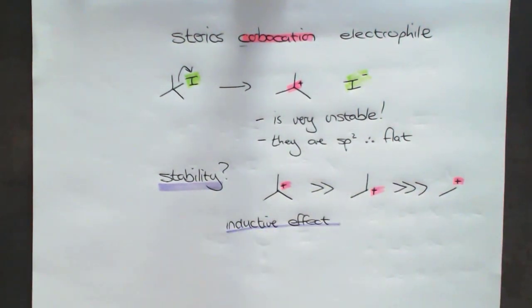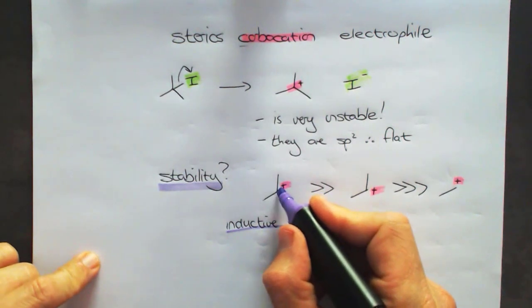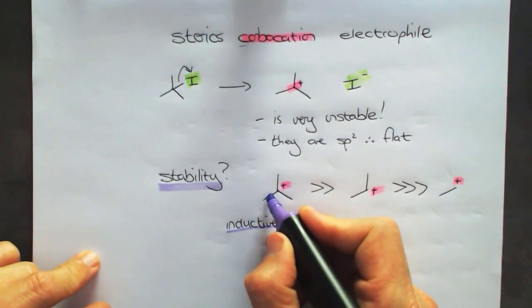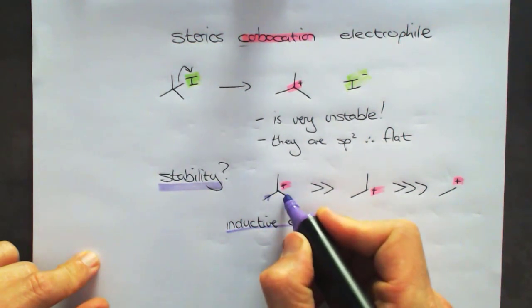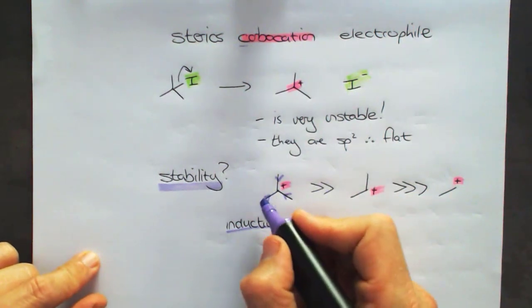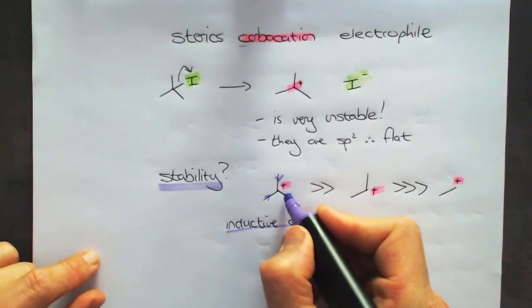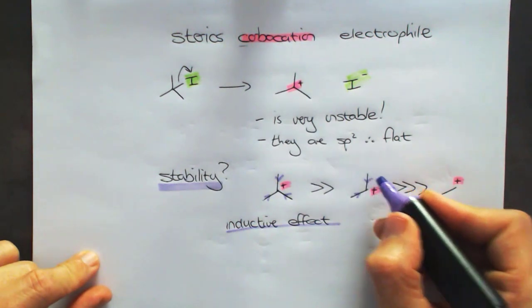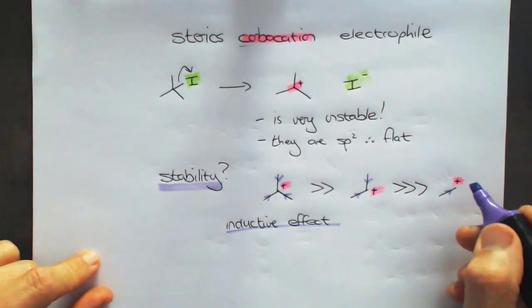So what's going on over here is this carbon that is positively charged, very unstable. However, what it does have is 3 alkyl groups which can very weakly donate electron density towards the carbon center, whereas this one only has 2 and this one over here only has 1.